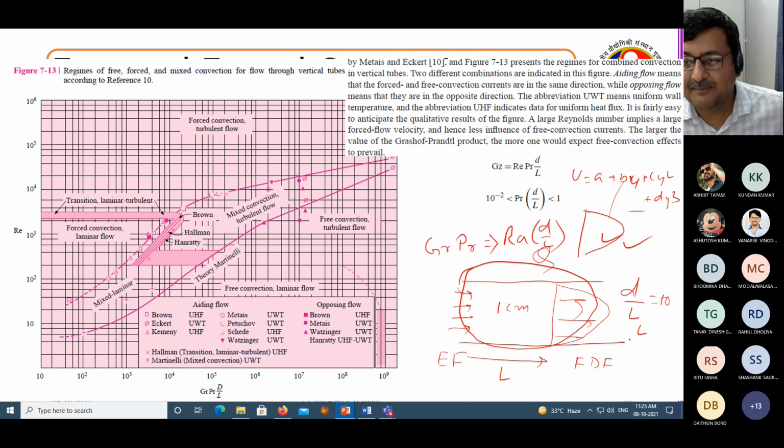So if the length is 10 times the diameter of the pipe, at that point you may get the fully developed flow. D by L ratio or L by D ratio. If you multiply that D by L with the Reynolds number and Prandtl number, basically we are having these two, right?